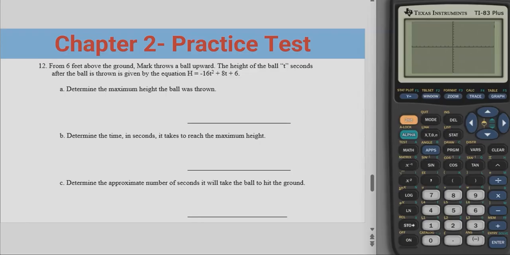I'm going to go to Zoom 6 to reset my graph, and I see the ball is actually off the ground for a very short time. Right, so the graph here is not the best. It needs to be a little more zoomed in. I'm going to go to table. My table is all messed up from the previous problem. So I can go to Zoom, second table set and enter 0, or you can always just reset your calculator between each problem.